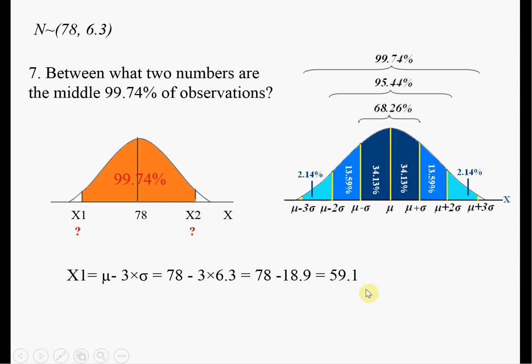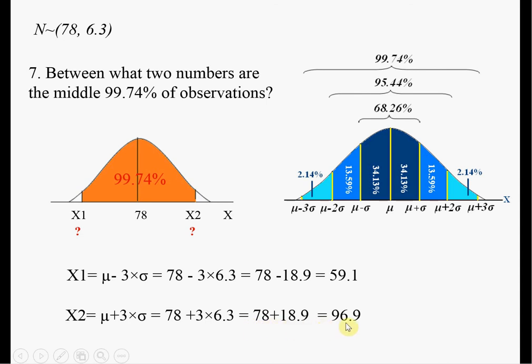That gives us 59.1. Similarly, we know that x2 is 3 standard deviations above the mean, so the actual value of x2 is calculated using the mean plus 3 times standard deviation. Plus, because x2 is above the mean. So that means 78 plus 3 times 6.3, or 78 plus 18.9.